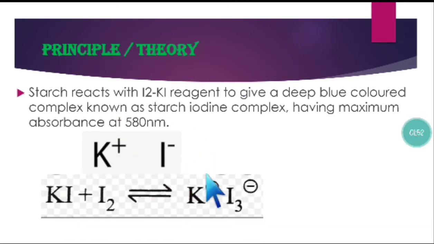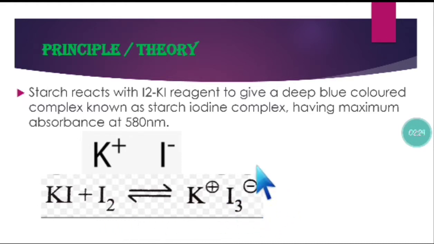Then the iodide ion will combine with iodine to give rise to a triiodide ion, and it is this triiodide ion that will react with the amylose of starch. The iodine does not react directly with starch as it is not very soluble in water. So this is the reaction.